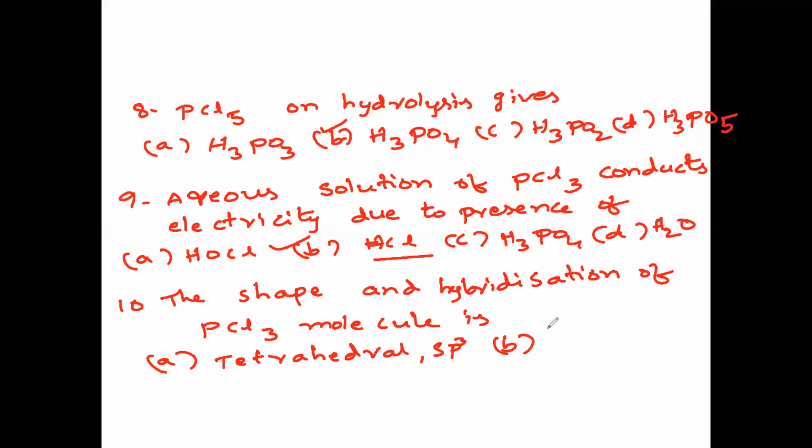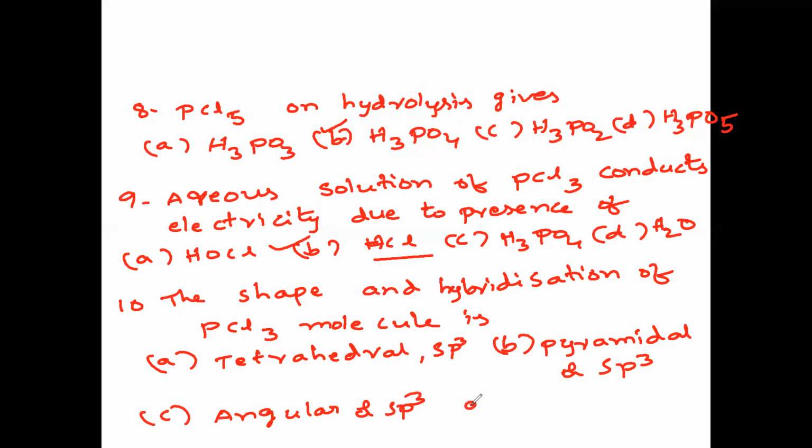Option 2, pyramidal and sp3. Option C, angular and sp3. Option D, planar triangular and sp3. In all the cases, sp3 is given. sp3 is right, but the answer is pyramidal because it has one lone pair of electrons. Since PCl3 has one lone pair of electrons, its shape is pyramidal and hybridization is sp3. I hope it is clear.